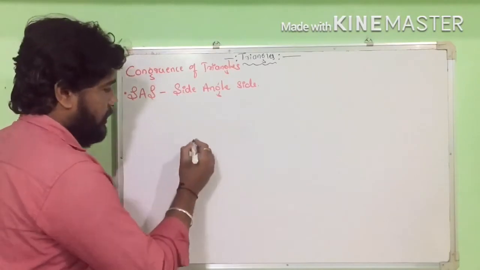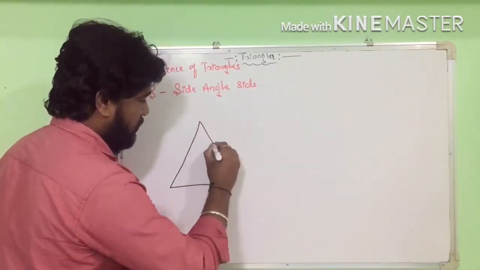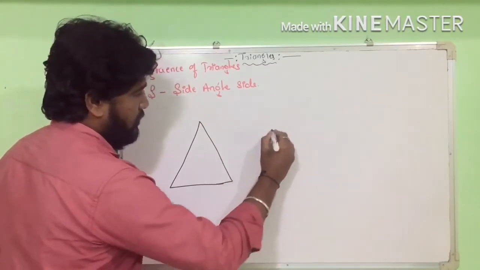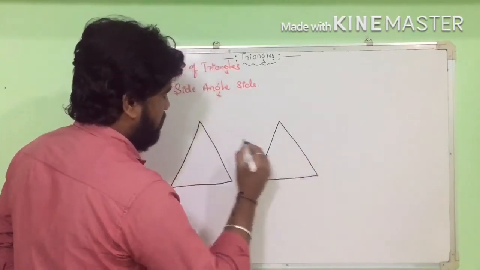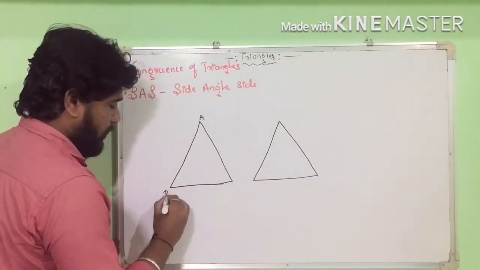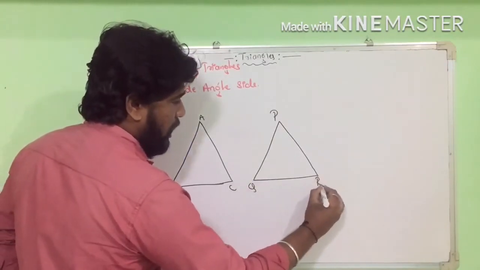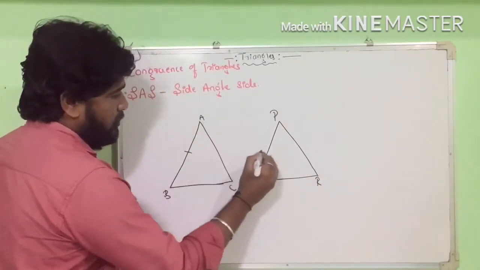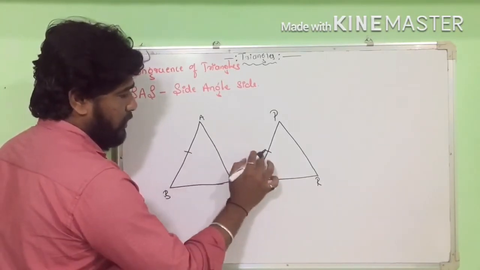So for example here, triangle ABC and triangle PQR. So here AB is equal to PQ. This symbol, one bar, and here also one bar.